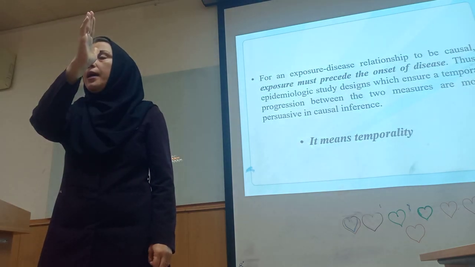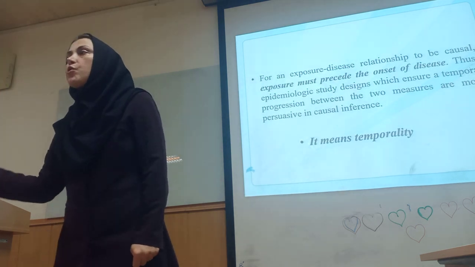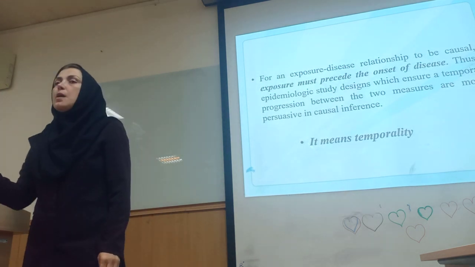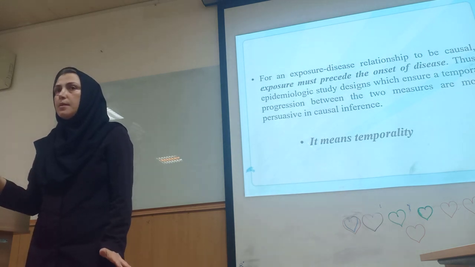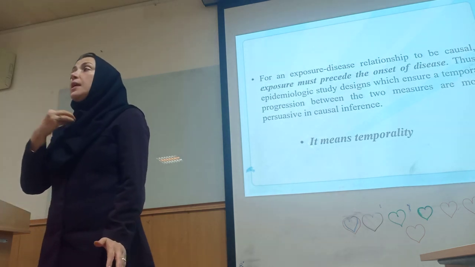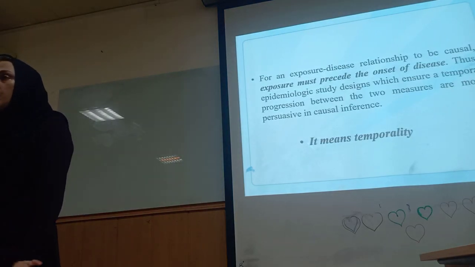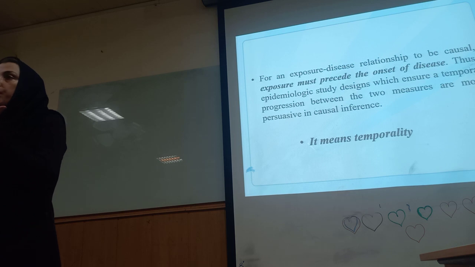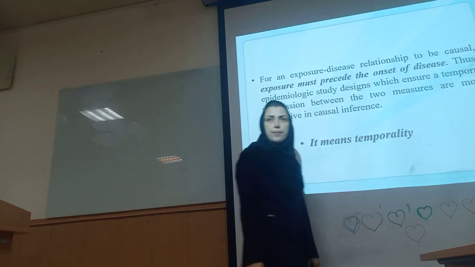After a while, what proportion of exposed and what proportion of non-exposed become diseased with diabetes? So we can make sure that smoking begins before diabetes. So it means temporality.